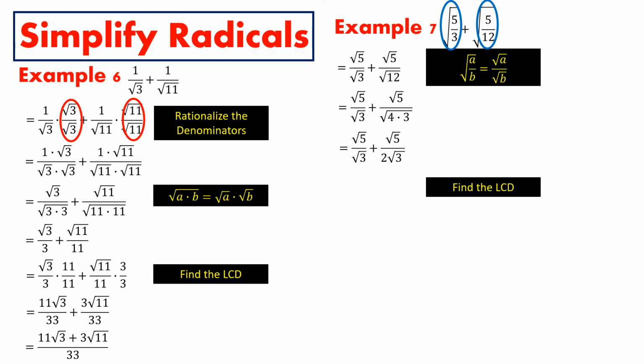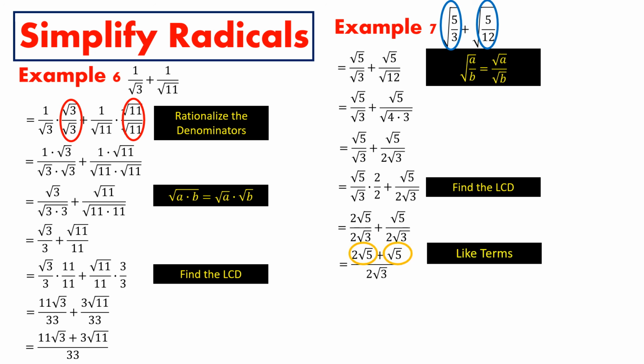We find the LCD of the two terms. Note that the two terms can be written using a single fraction. 2 square root of 5 and square root of 5 are like terms. Hence, we can combine these terms into 3 square root of 5.